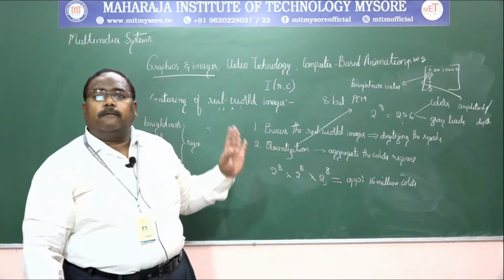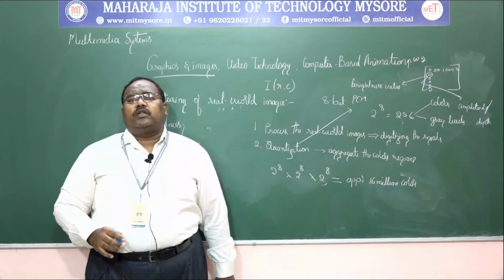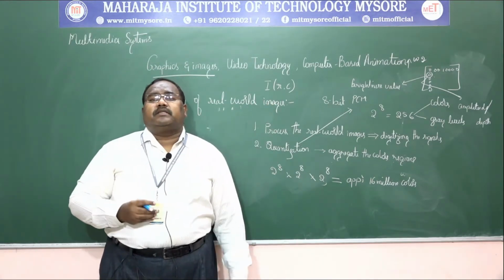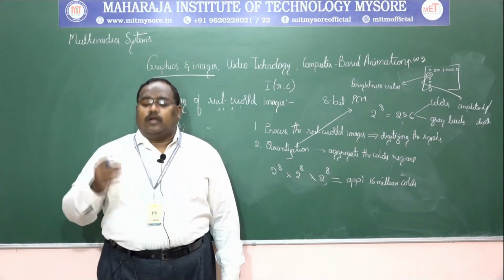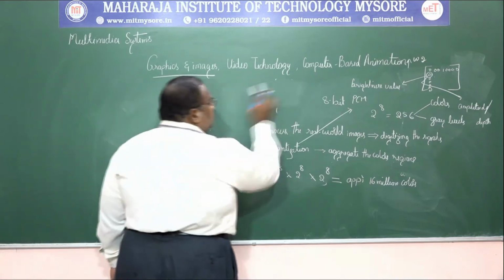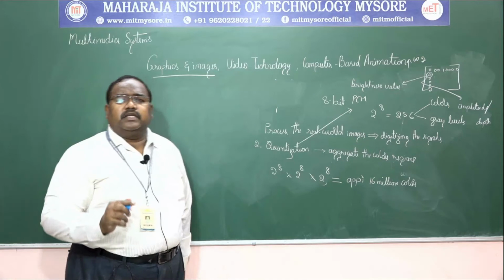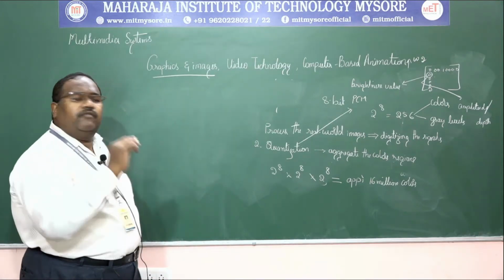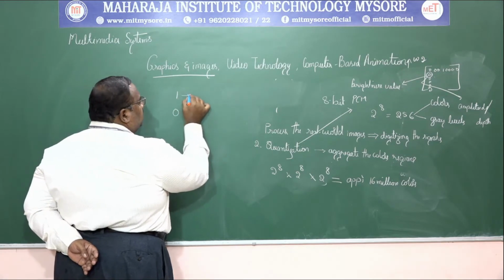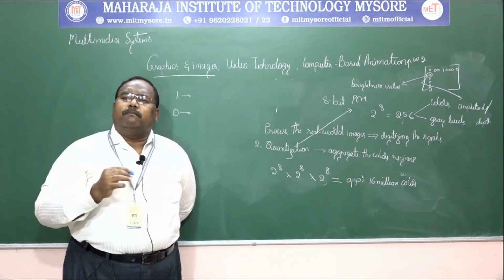This is about the capturing of real world images. So when we talk about this, the numerical value that we use in the matrix may represent either a black or a white color. So I'll wrap this and continue our discussion. I told you the matrix representation would be in binary value, that is 1 or 0, only these two combinations.